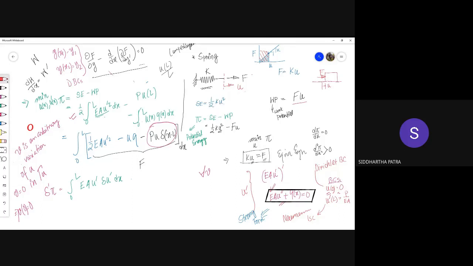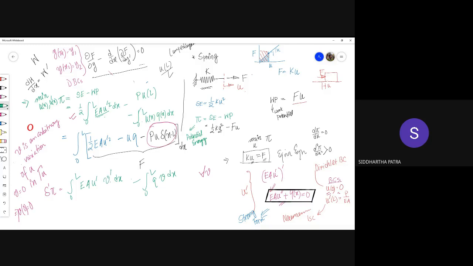So the first variation of pi, that I'm trying to write here. This is for the first term. For the third term, this part is not an explicit function of u prime, but a direct function of u. So it is going to be q times v dx, and this one would be v prime.